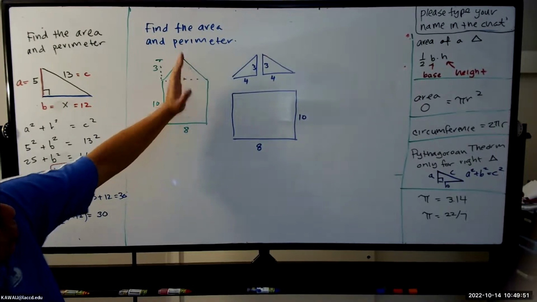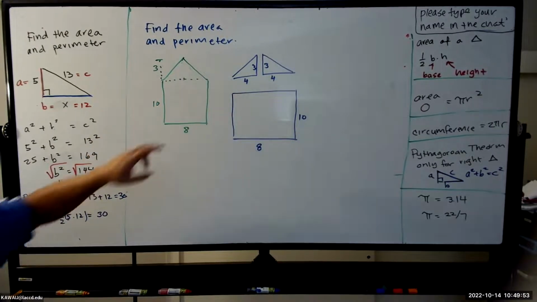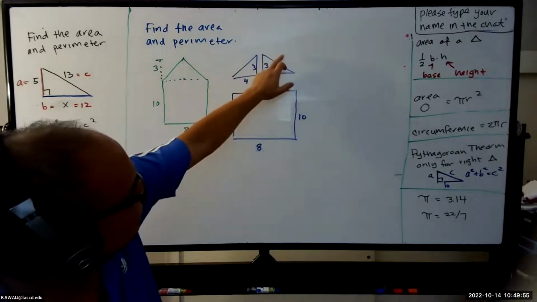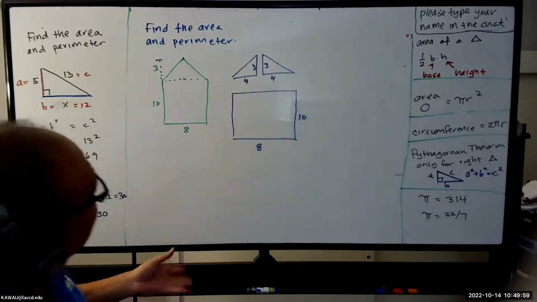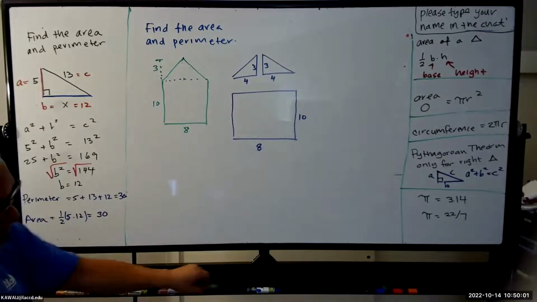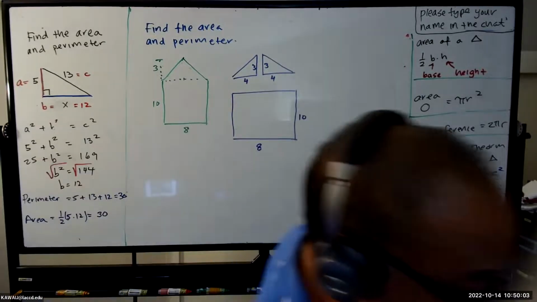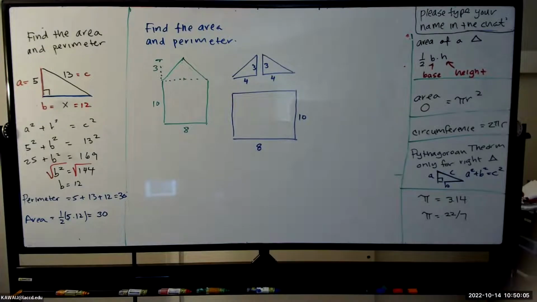Okay. So go ahead and solve this problem. You want to find this and this, right? They'll be the same. So find x and x, and then find the perimeter and find the area. Well, actually, let me take that back.